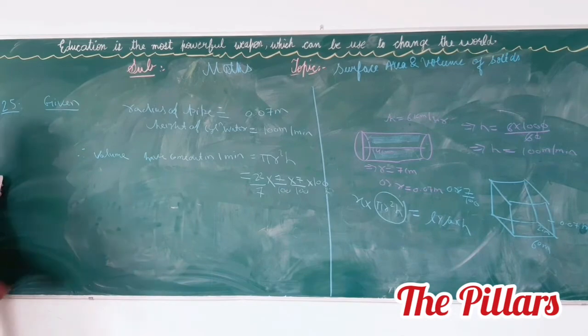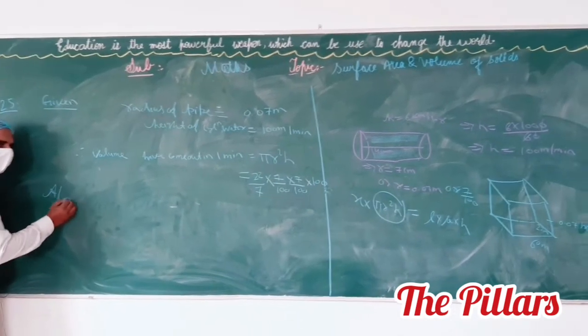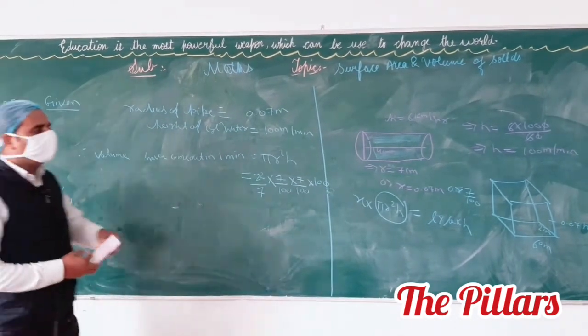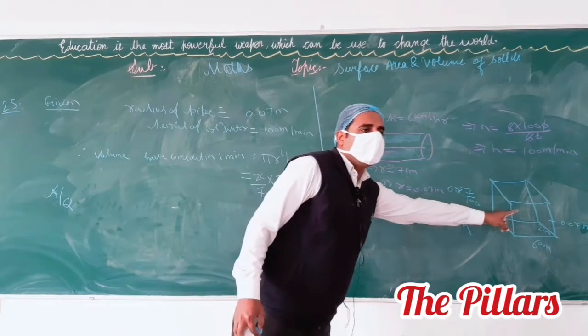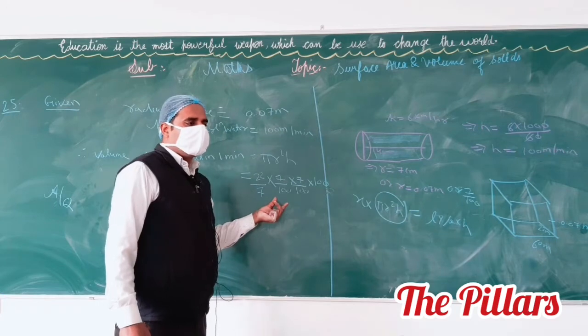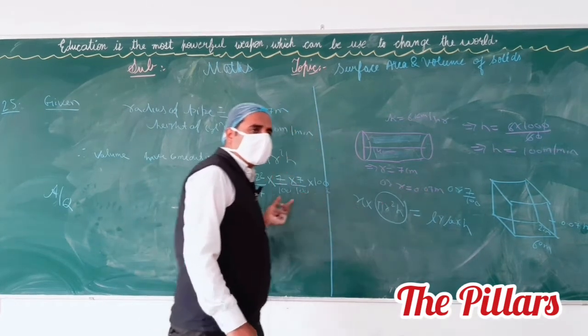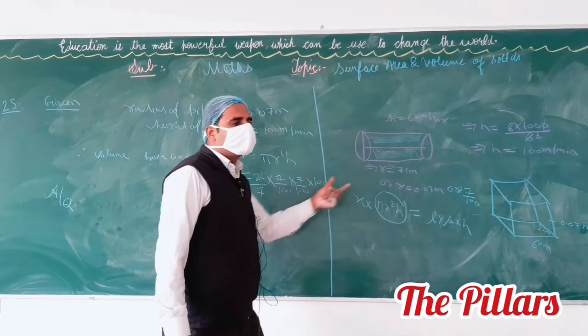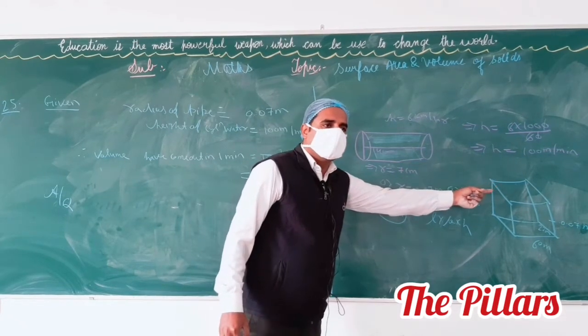Now you see that according to the question, we want to fill this tank by this much water. This water comes in 1 minute. Then how much time do you require? It means x into the speed of the water equals to the volume of the tank.